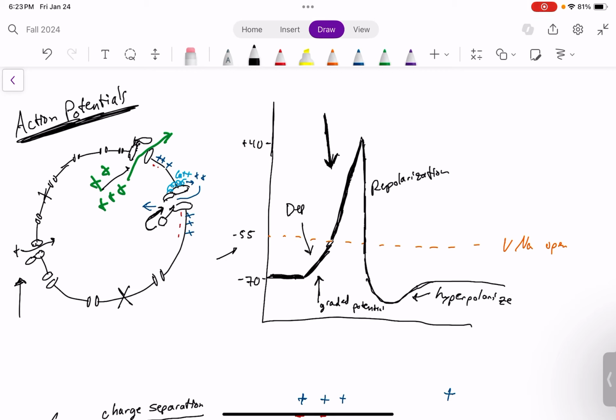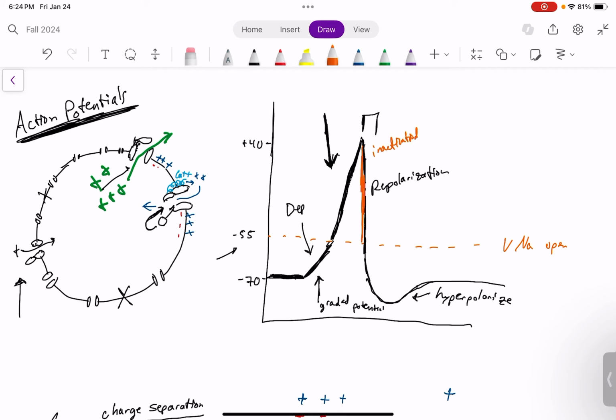Now, why is this important? This is important because whether or not the gates are deactivated, or whether or not they're open, determines whether or not another action potential can be sent. So, for example, from here to here, along this line, this is when the sodium channel is inactivated.